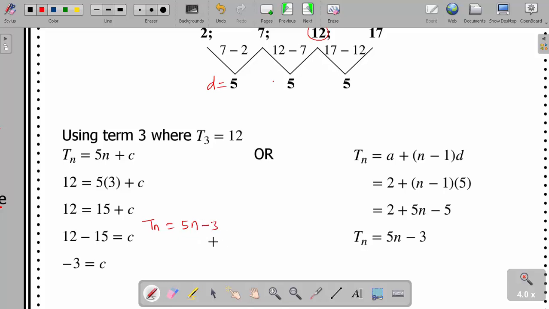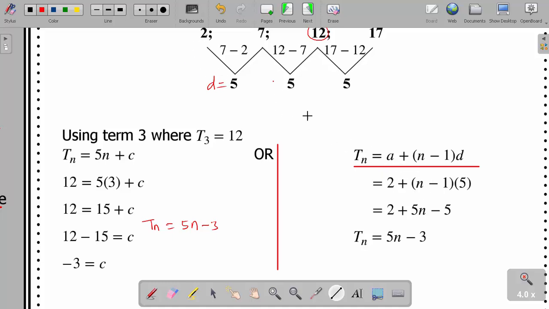The other method is by using this formula, where we have Tn equals a plus n minus 1 times d, which is most common. Here a is the first term, that's the 2 which you see here, and d is the common difference, that's the 5 which you see here. So what's my first term, guys?